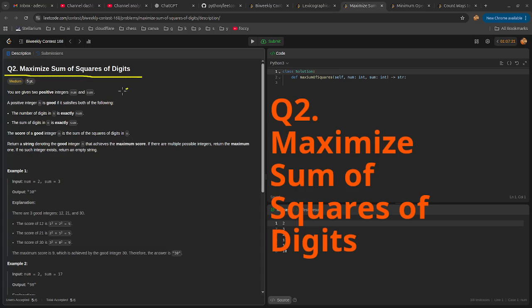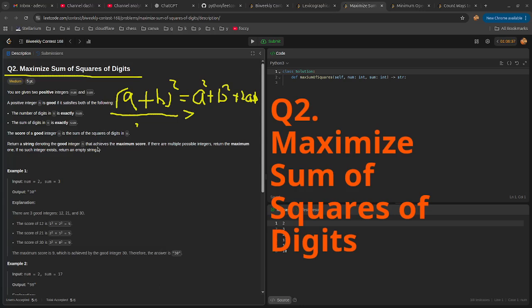First of all, there is a formula we have to know: (a plus b) squared equals a squared plus b squared plus 2ab, which means (a plus b) squared will always be greater than a squared plus b squared, which means the bigger the digit is, the bigger the square number is.